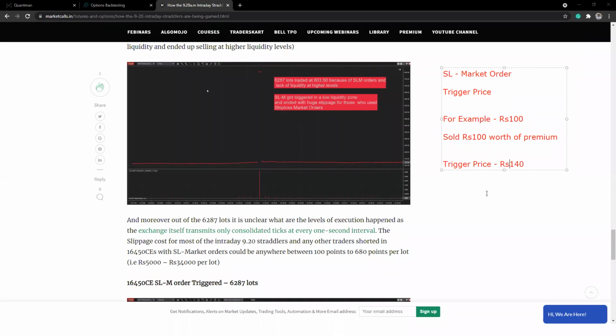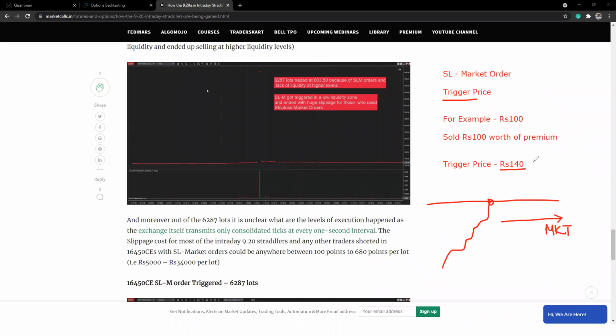Imagine this is the trigger price. If the price comes and touches it, now this order will be transmitted. My order will be sent to the exchange as a market order, provided the trigger price is touched. Here the trigger price is 140. Will it execute exactly at 140? Of course not.